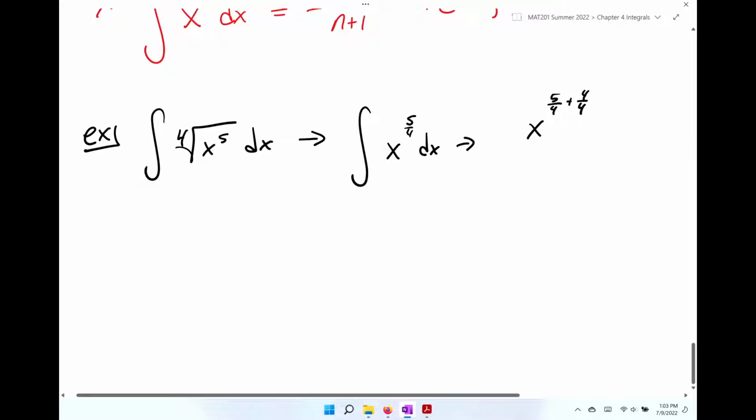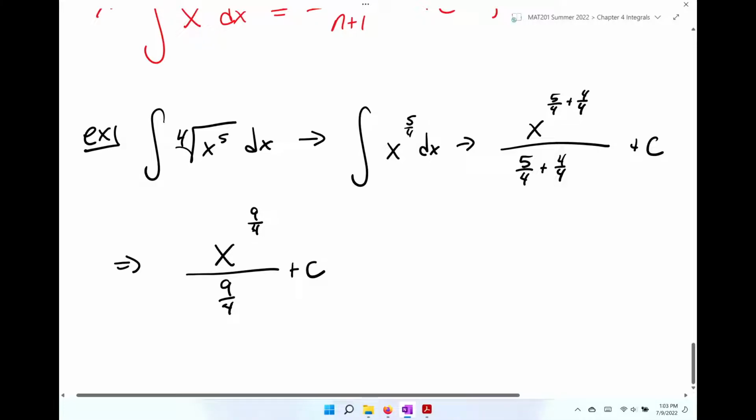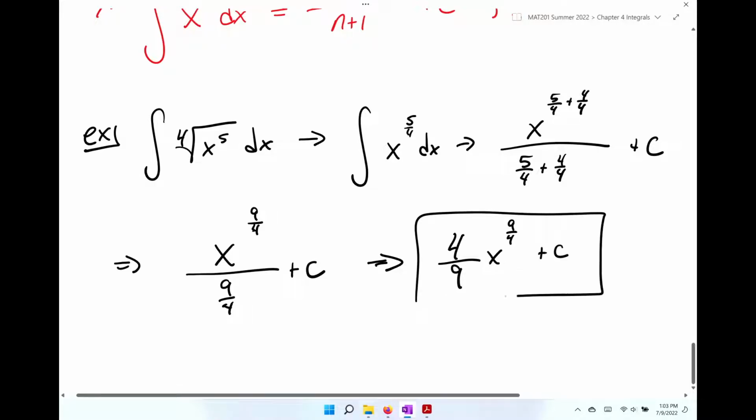Now remember, 4/4 is still 1. And we're going to divide by that. We're going to add our arbitrary constant, and then we're just going to simplify real quick. So this is going to equal x to the 9/4 over 9/4 plus c, and then write it as 4/9 x to the 9/4 plus c, because you are dividing fractions.